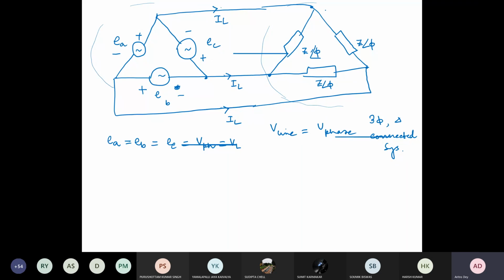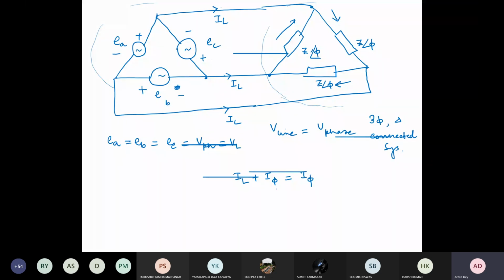Now come here to this point. If we are interested in finding the phase current, this is IL and this is I phase, and the sum of these two is the same as your I phase, isn't it?